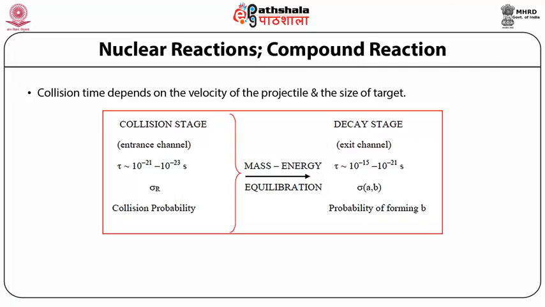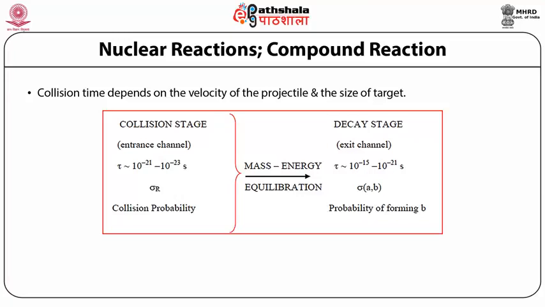In the picture, the collision stage, which is called the entrance channel, has tau of the order of 10 to the power minus 21 to 10 to the power minus 23 second. When the compound nucleus is formed within this time frame, the mass energy distribution is equilibrated.